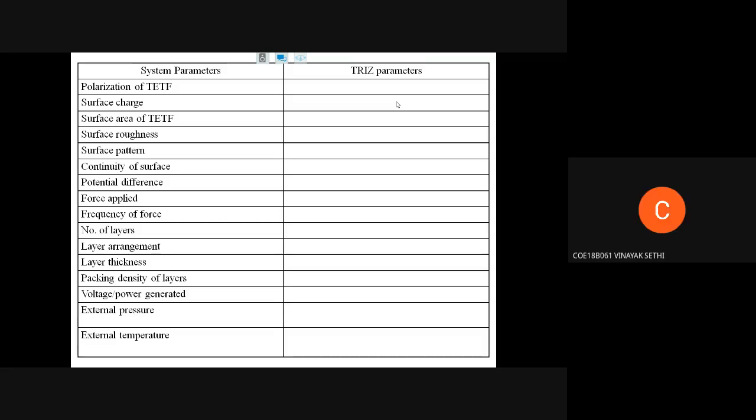Productivity. No. See, the fundamental definition I already told you. It's a repeated action. Am I right? Because it is again and again applying the force. So what is the generalized parameter you can apply?